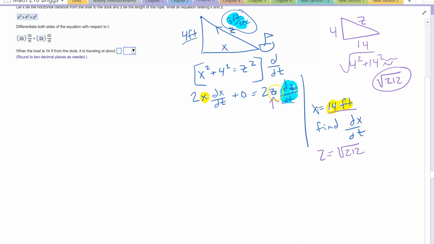So I had to go through and find this one extra bit of information. But I want to solve for dx over dt. Dividing through by 2, dx over dt is z, the square root of 212, times dz over dt, which was given as 3, divided by x, which was given as 14.